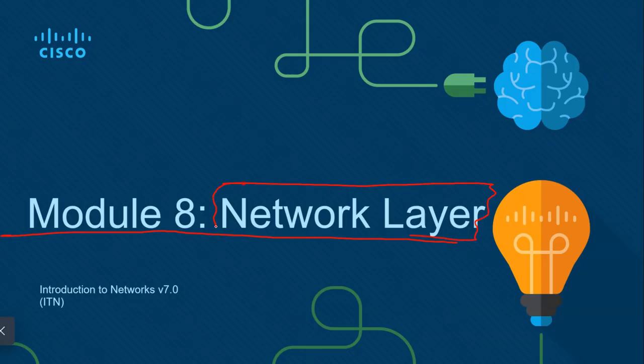So far, we're covering these chapters in layers. So far, we have covered physical, data link layer. Now it's network, which will be, I think, chapter 14.